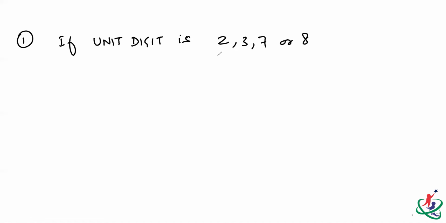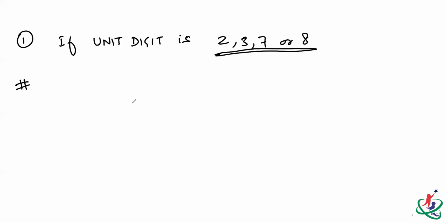If your unit digit is either of the 4 digits of given 10 digits 0 to 9, अगर ये होगा तो हम एक अलग मेथड लगाएंगे. अनलेस मतलब like 0 to 9 सबके लिए एक यूनिफॉर्म रूल बता दूं, वो टाइम वेस्ट होगा. अगर आप ये याद रखते हो तो आपकी टाइम बहुत कम लगेगी, आप बहुत स्पीड वे में कर सकते हो. सो 2, 3, 7 और 8, राइट. आप अगर ये डिजिट्स मिल जाए तो आप कैसे सॉल्व करोगे ये हम सीखते हैं.